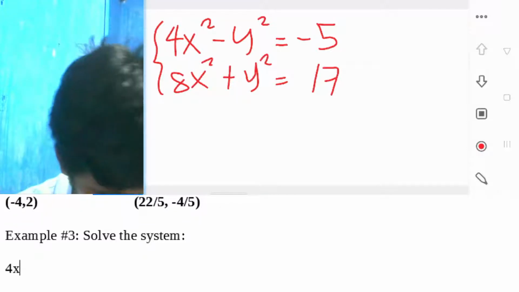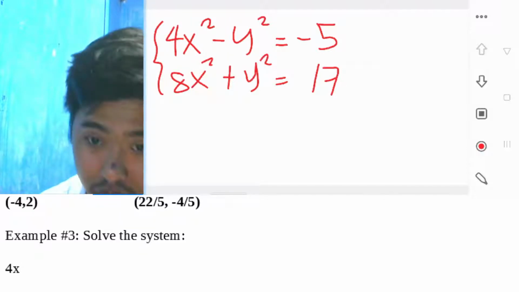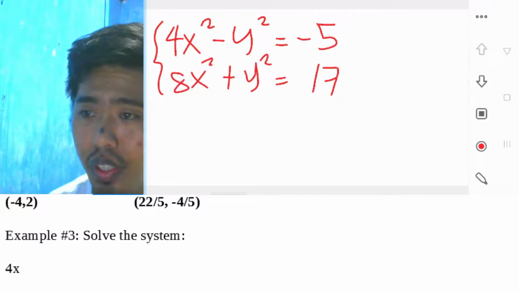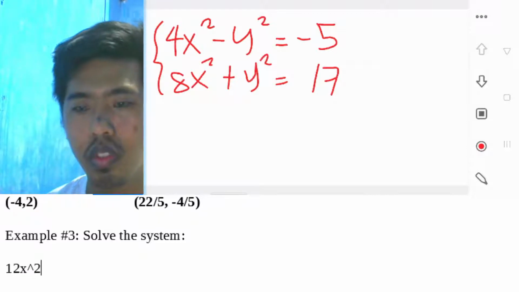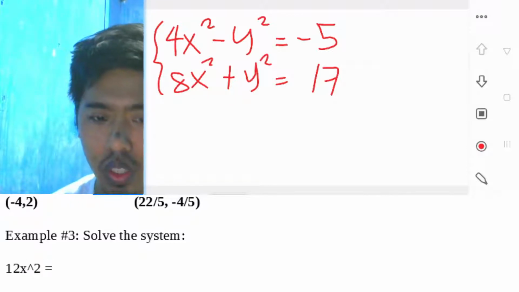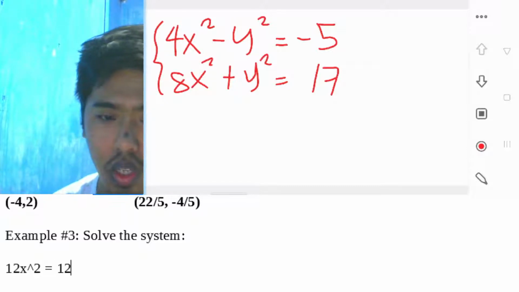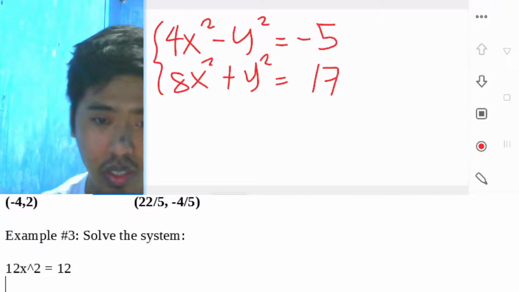It will become 4x squared plus 8x squared, that is 12x squared, right? Next is negative 5 and 17, that's 12, right?